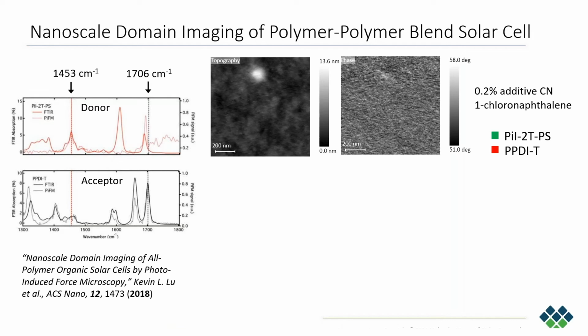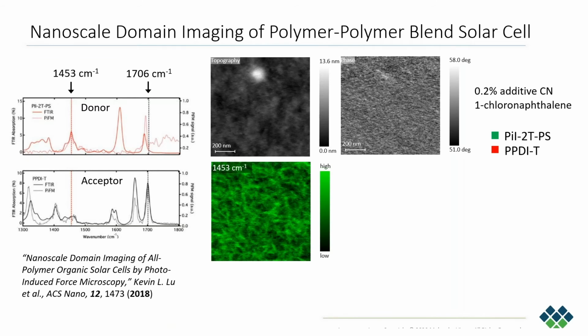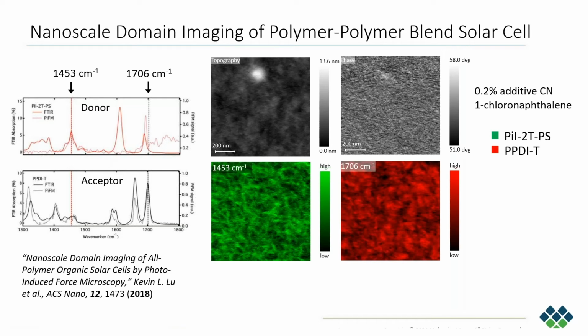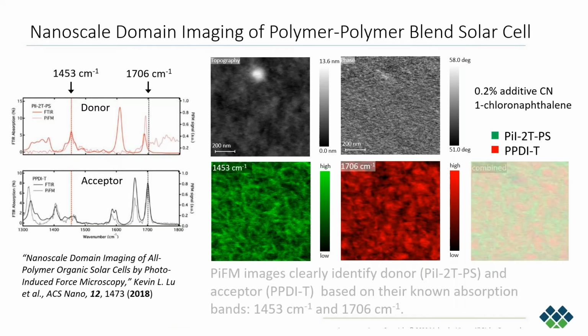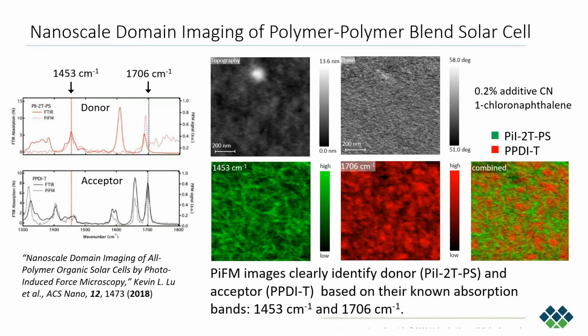The topography and the phase really do not give much information. But if you take the image at 1453 for the donor and 1706 for the acceptor, you can combine them to create a very nice chemical map.